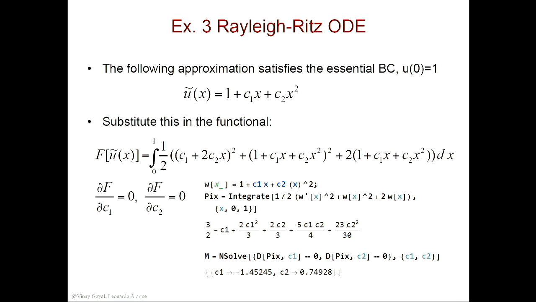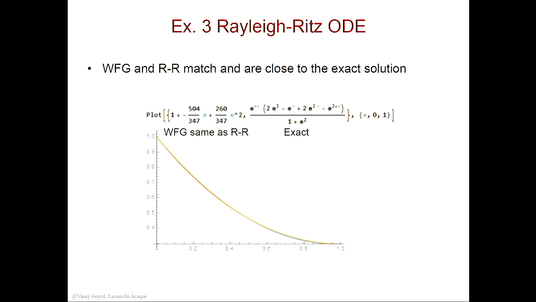So I take the derivative of the functional with respect to C1, derivative with respect to C2, two equations, two unknowns. And then Mathematica gives me the answer. And guess what? The weak form Galerkin gives me the same answer as Rayleigh-Ritz. It doesn't match exactly, but is very close to the exact solution, within 0.5%. Really, really close.